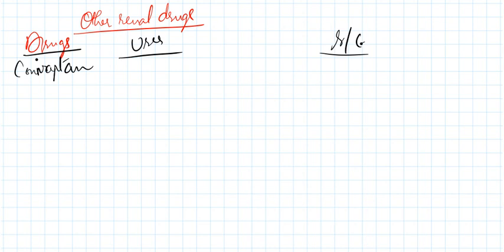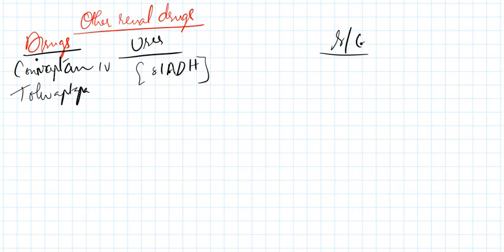What is conivaptan? It is given IV. That's one important thing, and it is used in SIADH, syndrome of inappropriate antidiuretic hormone. Conivaptan, tolvaptan, right?